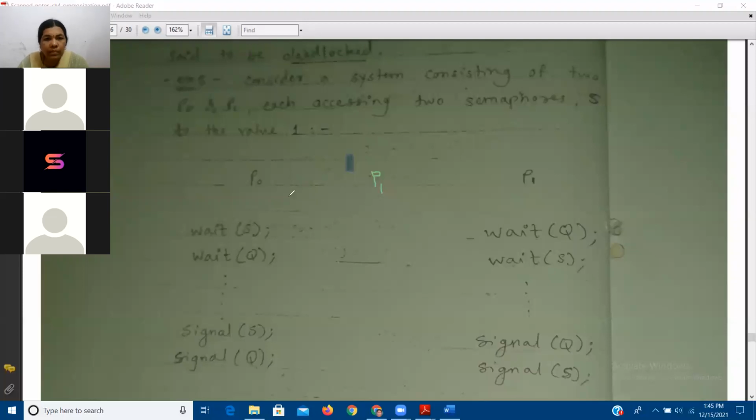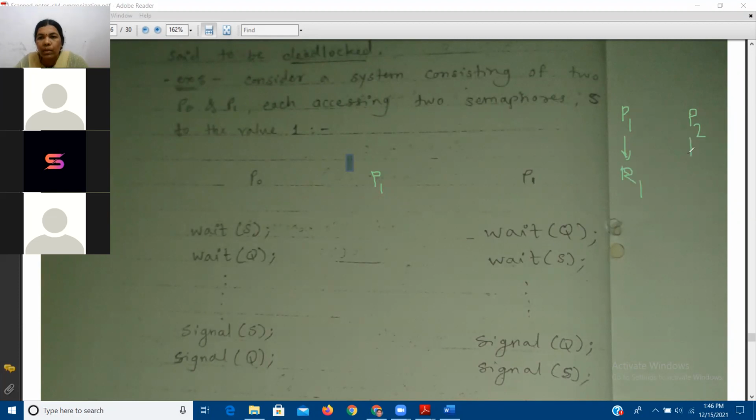That's not erasing. Okay. So instead of taking, I will take just over here. This is P1. This is P2. P1 is requesting R1.